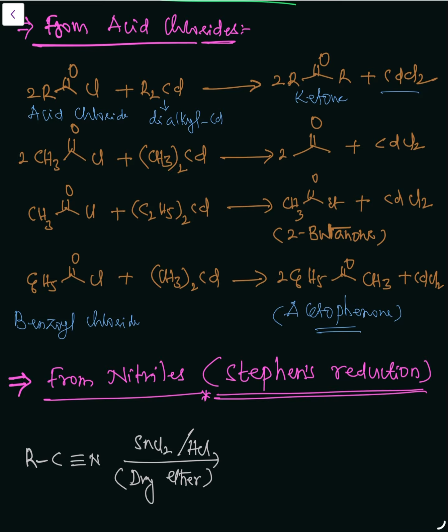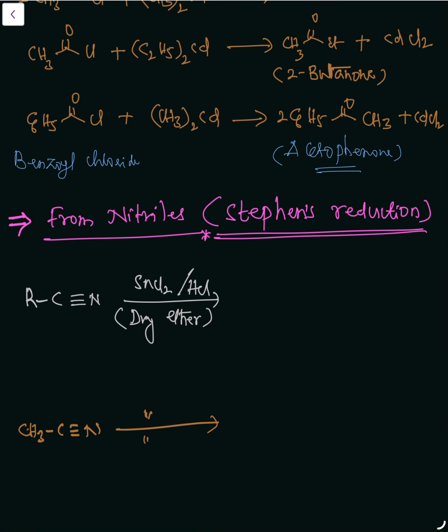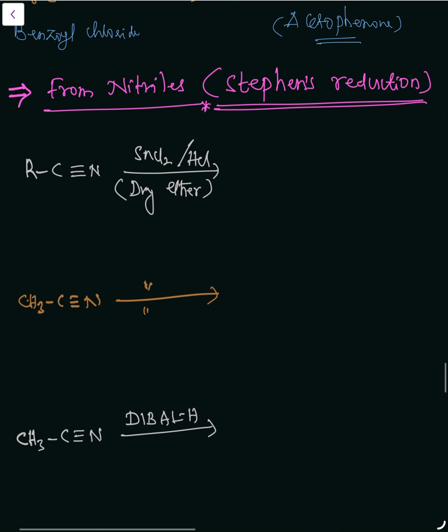Now one more named reaction, that is Stephen's reduction reaction. In Stephen's reduction reaction, cyanides are reduced in the presence of tin chloride to carbonyl compounds. Now let us see what type of reaction is taking place.